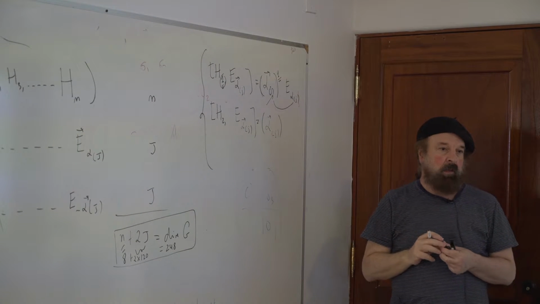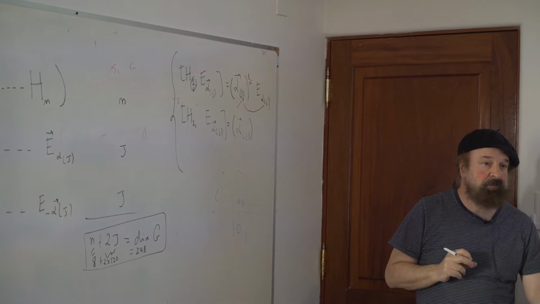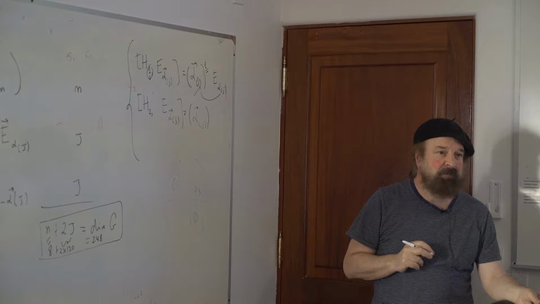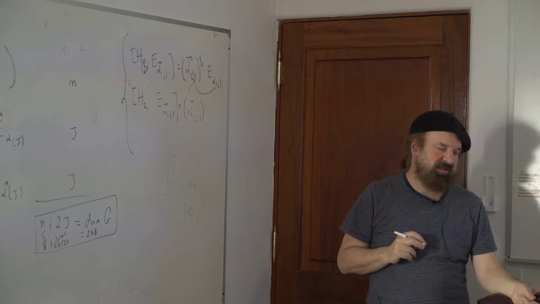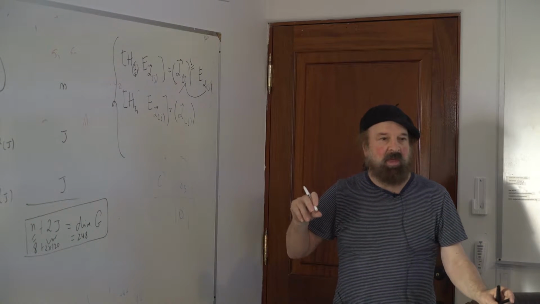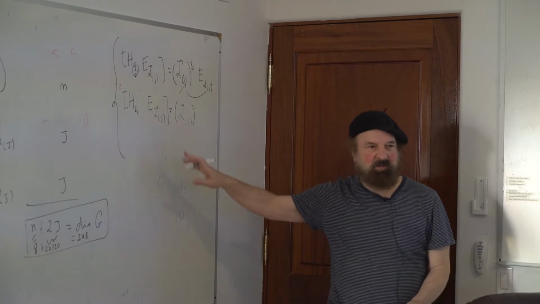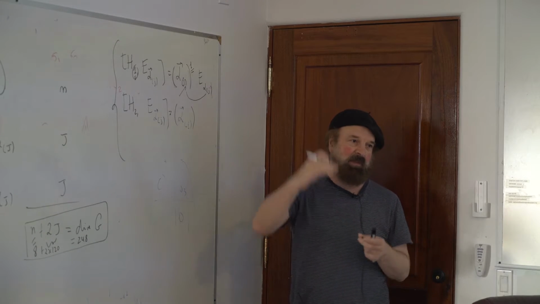E alpha j is the generator corresponding to the jth root? Yes. The E is also a matrix, right? Yes. I have to start slowly and then build up in crescendo.